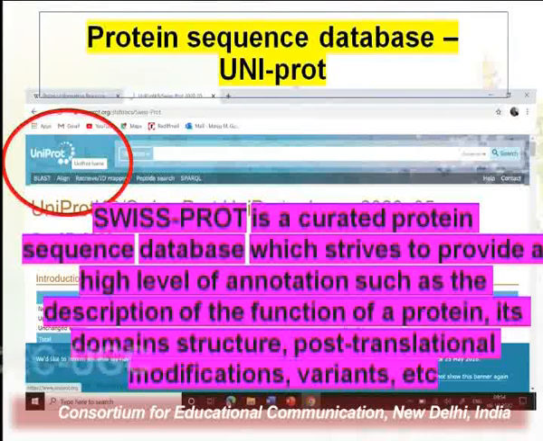They are a curated protein sequence database, which strives to provide high-level annotation, such as description of the protein, its domain structure, post-translational modifications, variants, etc. So it gives you not only the sequence, but also all other information like annotation and function.